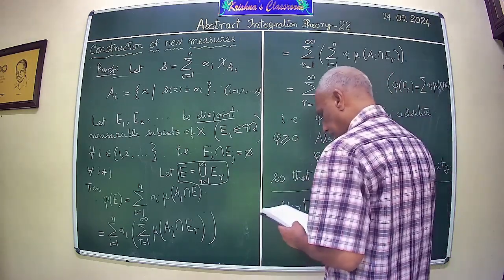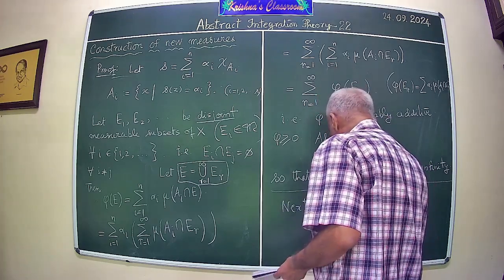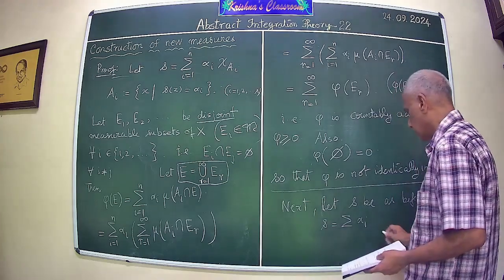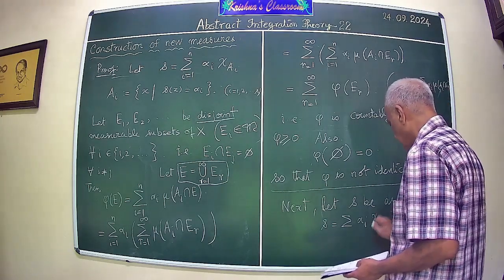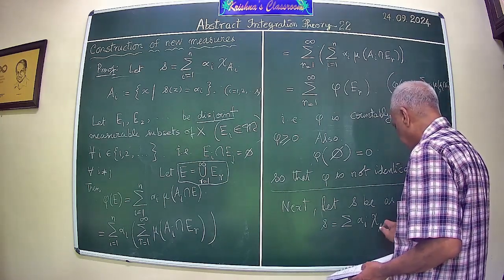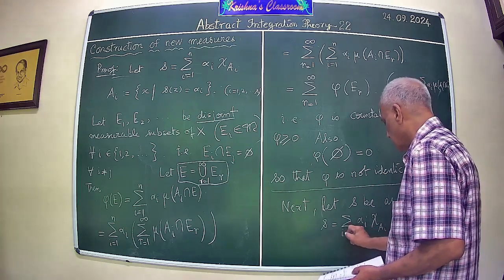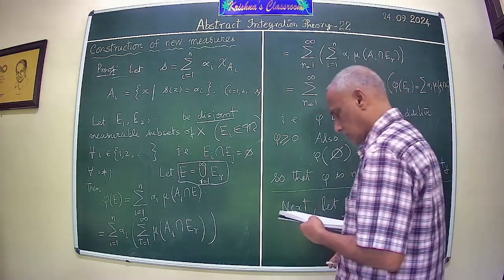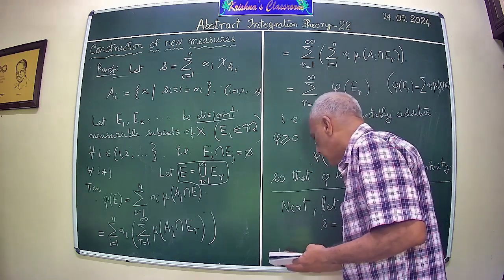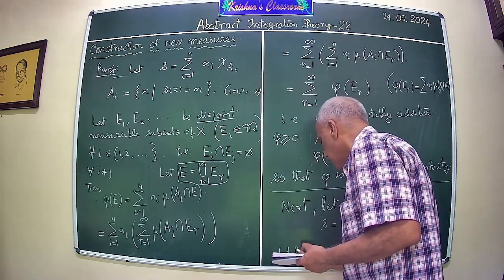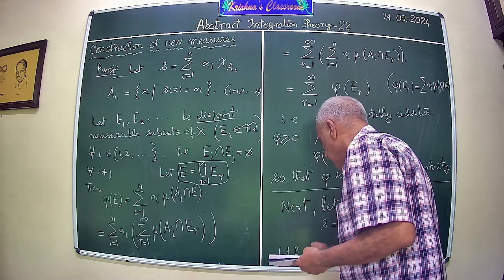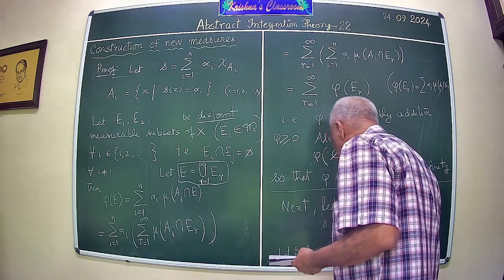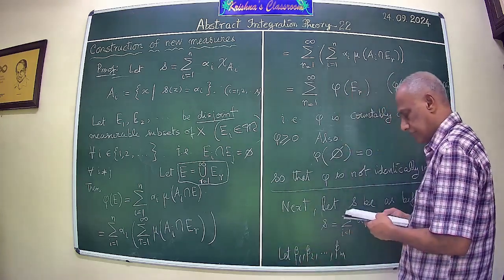That means S is equal to sigma alpha_i chi of A_i. Let beta_j be distinct values of the second function.